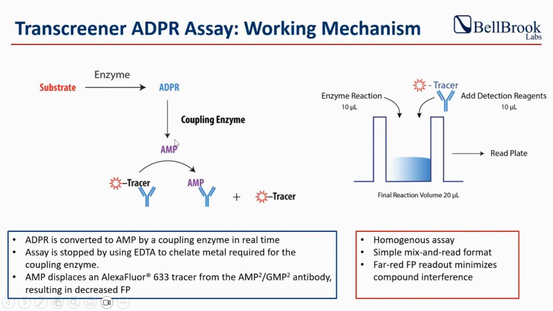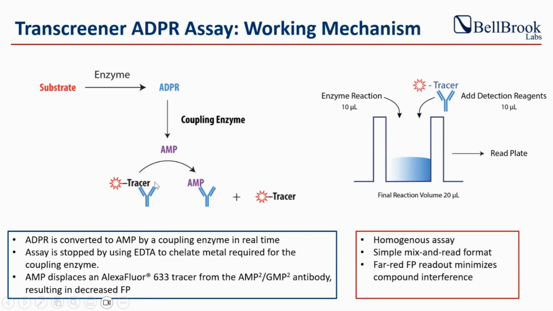This AMP displaces the tracer from the AMP antibody, and that results in a decrease in FP. This is a far red FP readout, and it helps to minimize compound interference with the far red tracer, the Alexa Fluor 633 tracer.